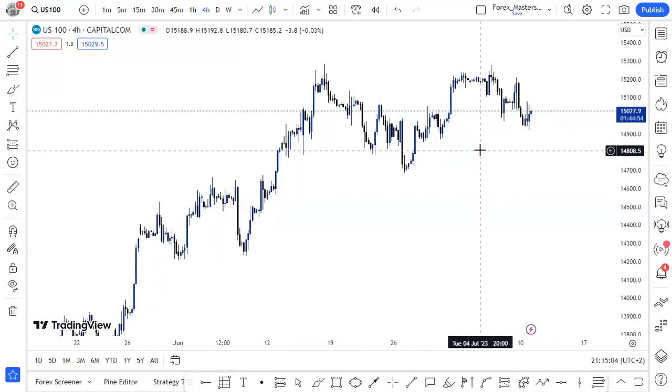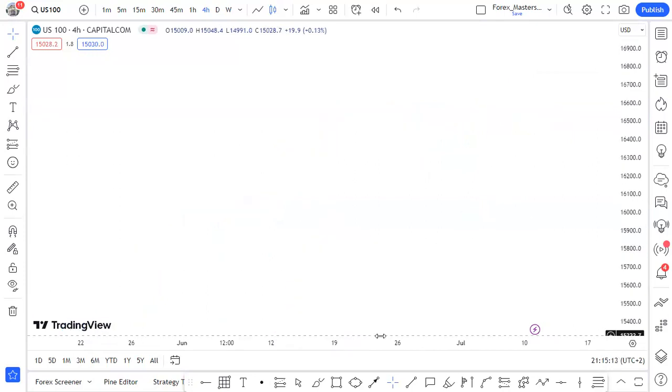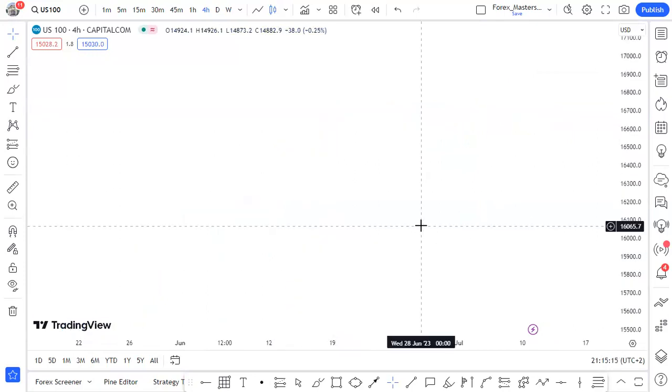I believe you were able to see how we can work with market structure and supply and demand to find areas of reversals in the market where we may likely catch a trade.